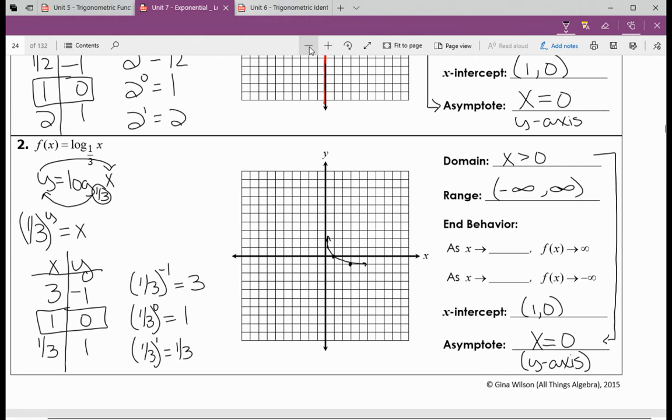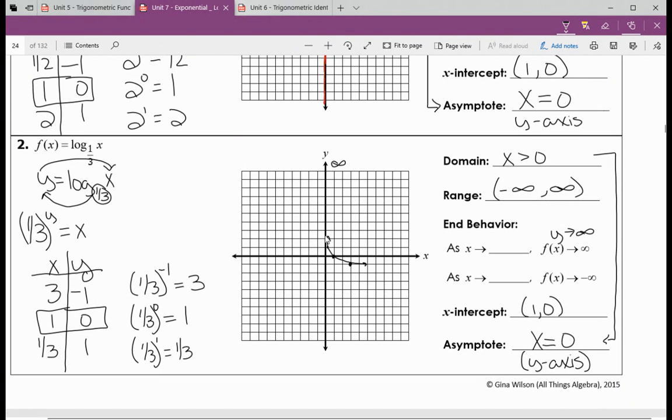All right, so let's talk about the end behaviors. Now, we have two values. We have 0 and we have infinity. We have the domain value and we have the infinity value. Now this says as y approaches positive infinity. This is positive infinity. Is that approaching 0 or is it approaching something else?